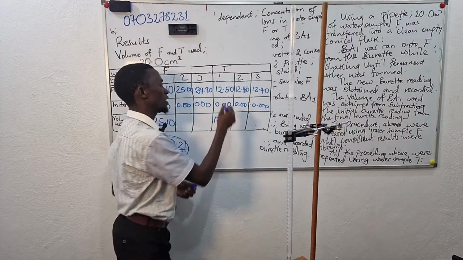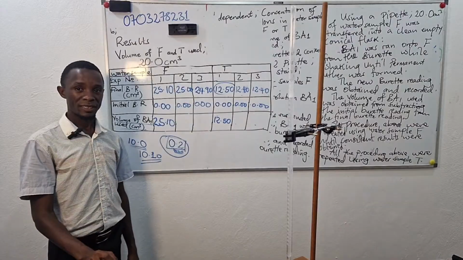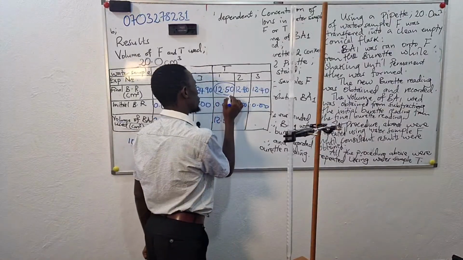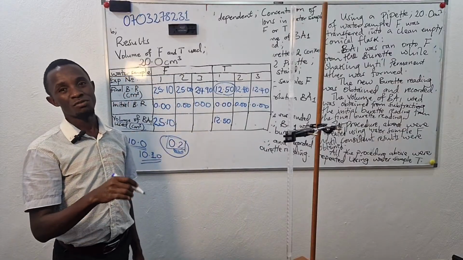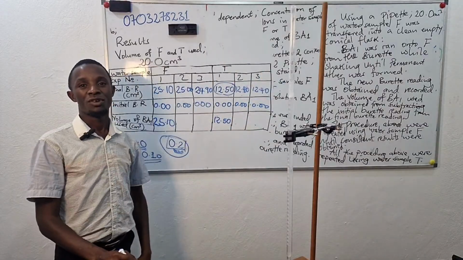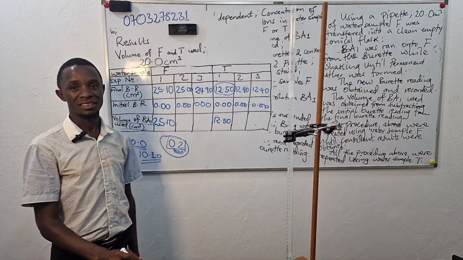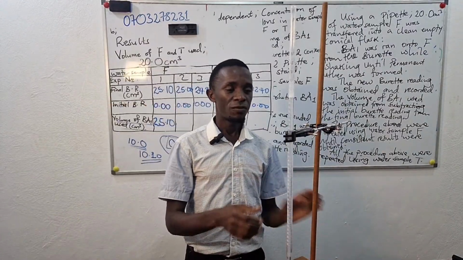I don't think this first value would have been smaller than the last 2. Why? You cannot tell me that you were too accurate the first time and you became reckless in the next values where you had to be more accurate and serious. Remember, as you're titrating, no need for rushing.